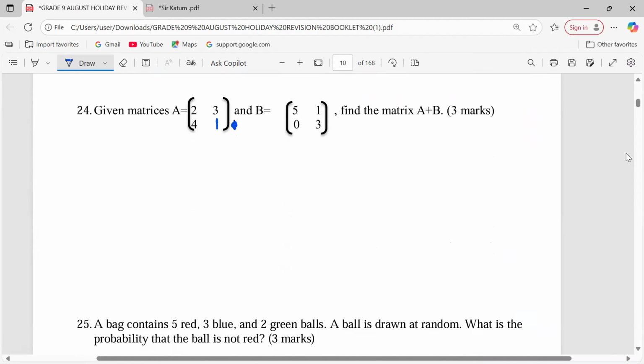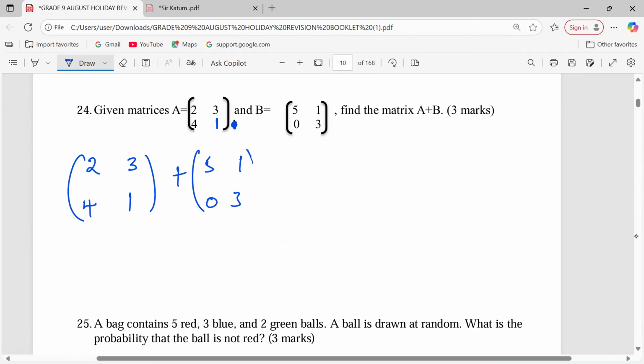So for us to add matrices, 2, 3, 4, 1. Then we have 5, 1, 0, 3. Then we need to add elements which are in corresponding positions. If it's 2, we add it to 5 because they are on the first row, the first column.